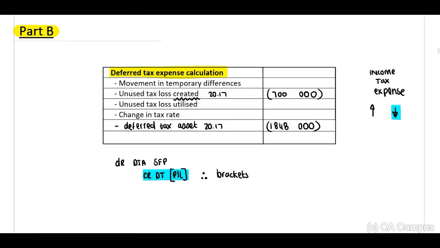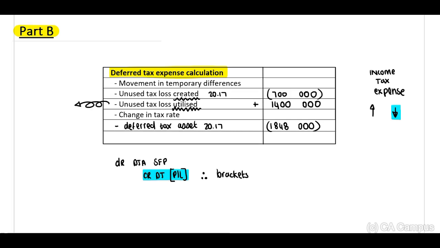Part B, unused tax loss utilized. Therefore, we have now used our deferred tax asset, and this is a positive 1400,000. Let's just quickly talk about our journal, guys.